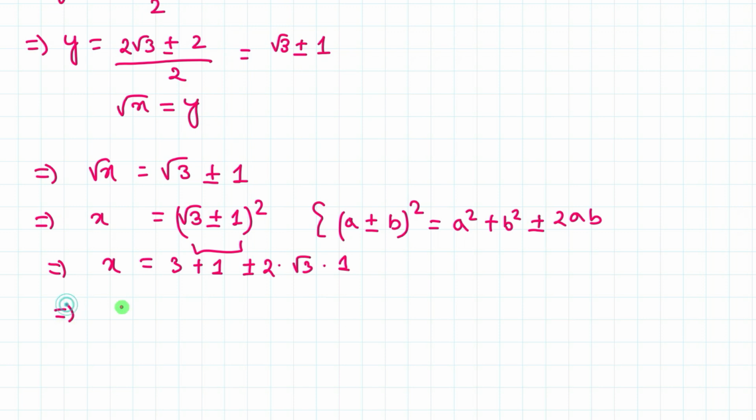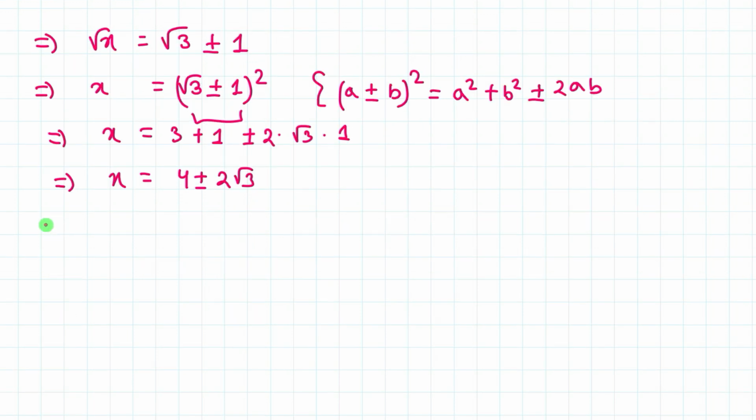So this implies x = 4 ± 2√3. So the value of x is 4 + 2√3 or x = 4 − 2√3, which is our answer.